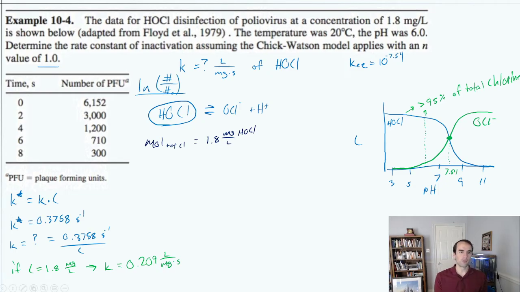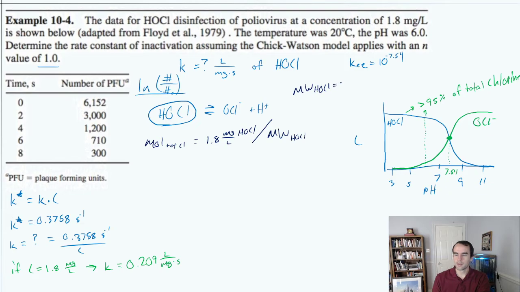We added it in the form of HOCl, and with that, we can know that essentially it's then dissociating into HOCl and OCl minus. So with that, we can multiply this, or excuse me, divide it by the molecular weight of HOCl. That's going to get us into mole terms. So we need the molecular weight of HOCl.